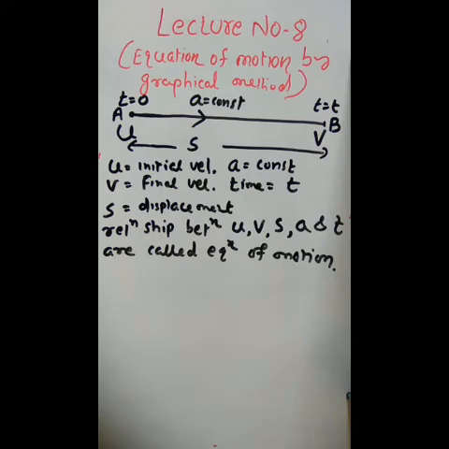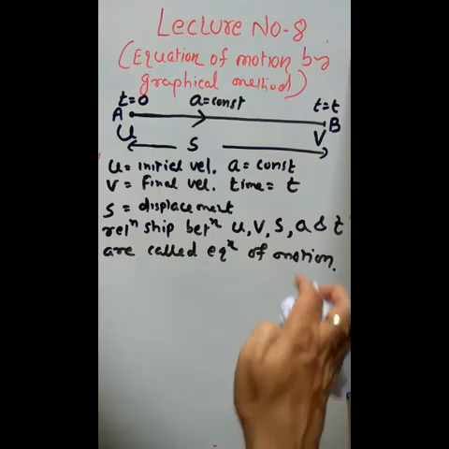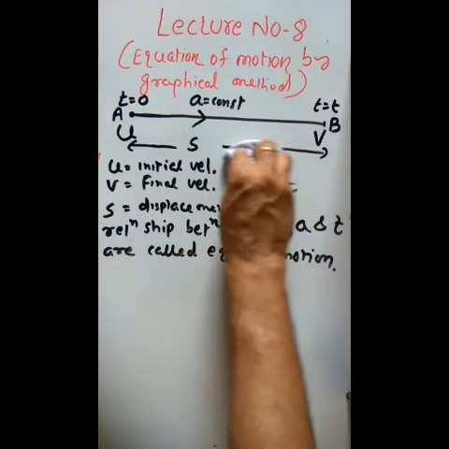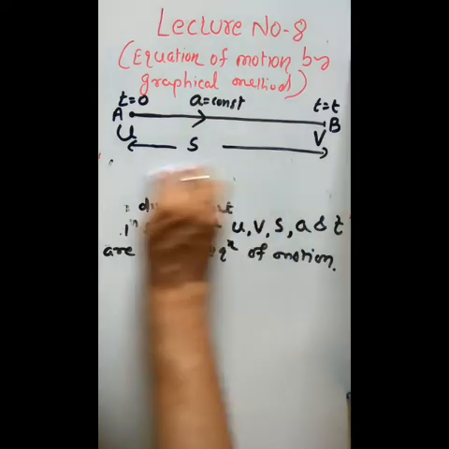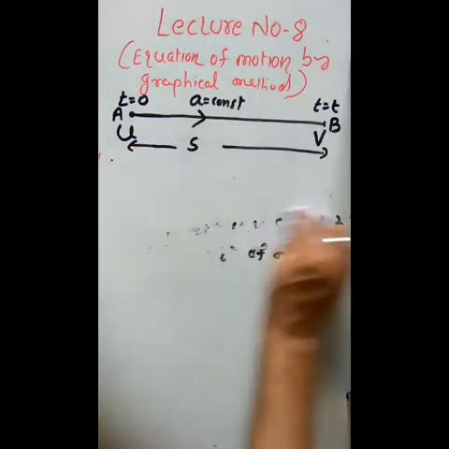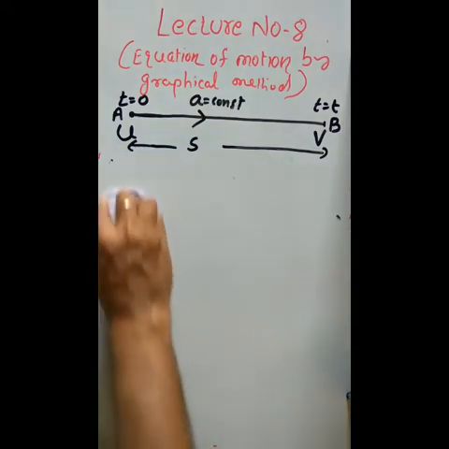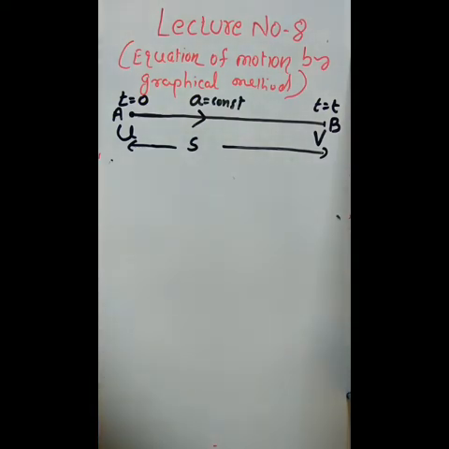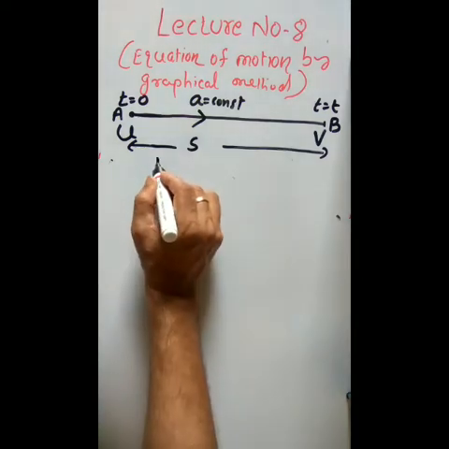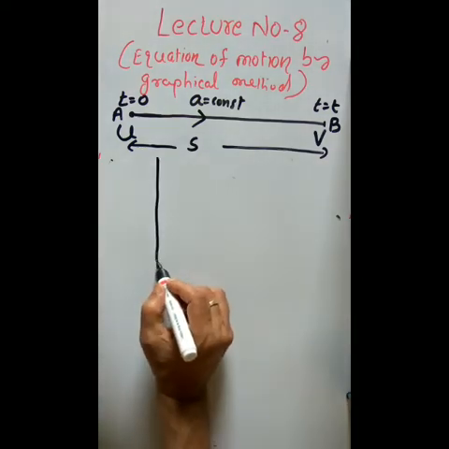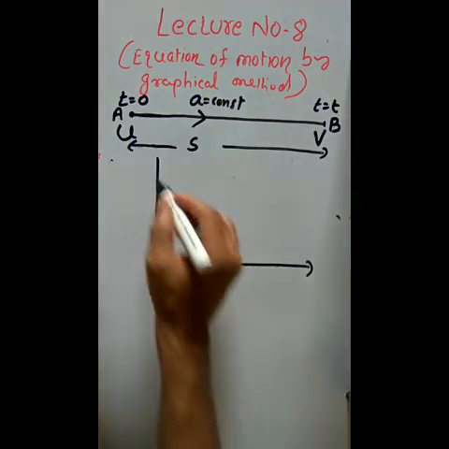First we will draw the velocity time graph of this moving body. I have given u as the initial velocity, v as the final velocity, and s as the displacement covered by the body during total time t. So now we will draw the velocity time graph. Suppose this is the velocity axis and this is the time axis.